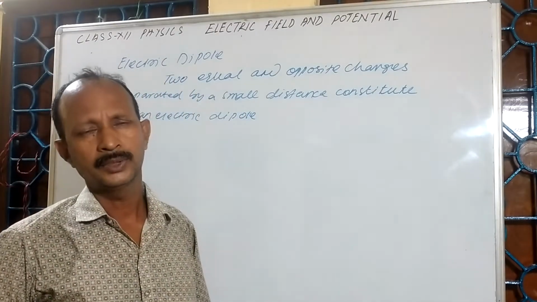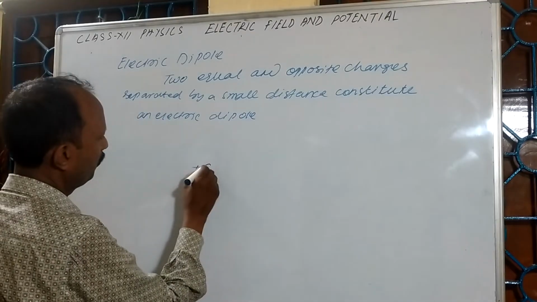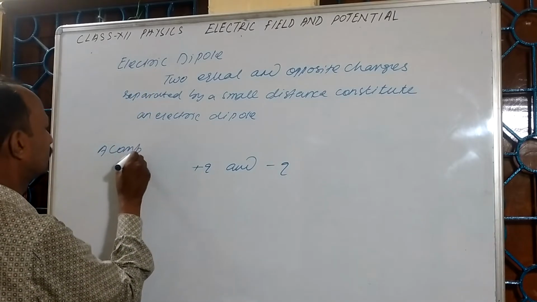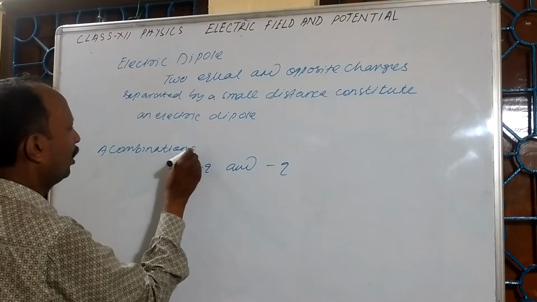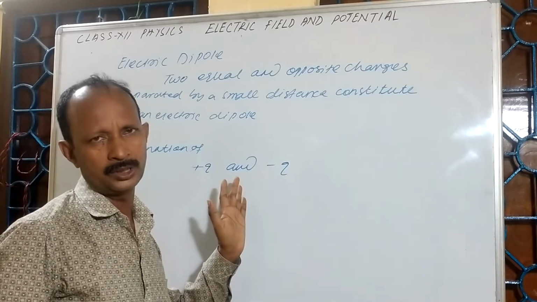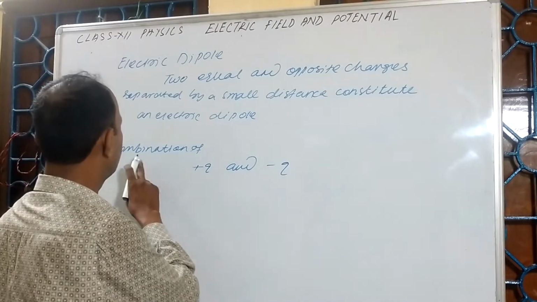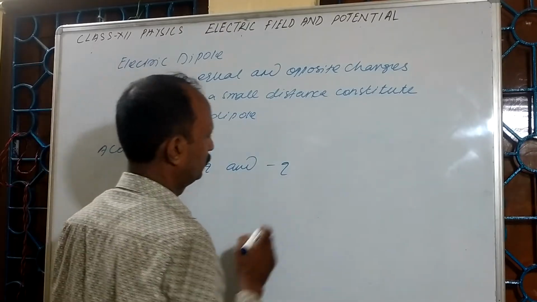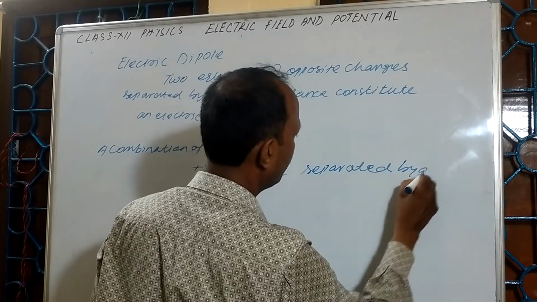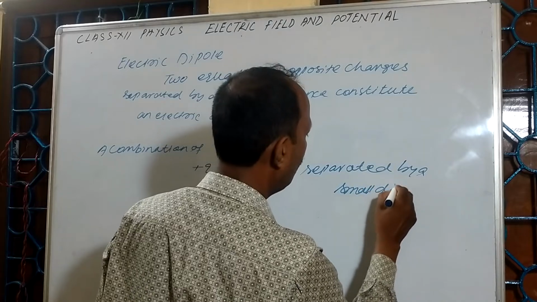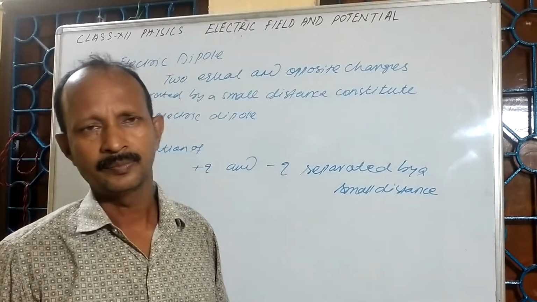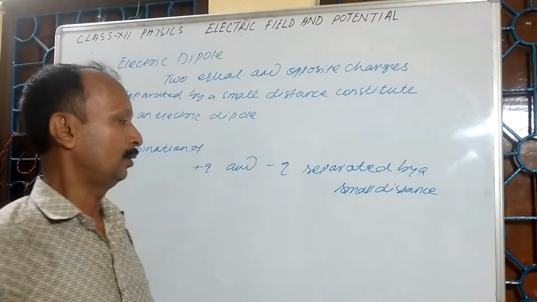You can say a combination of plus q and minus q, that means both are equal but opposite, separated by a small distance, makes an electric dipole.